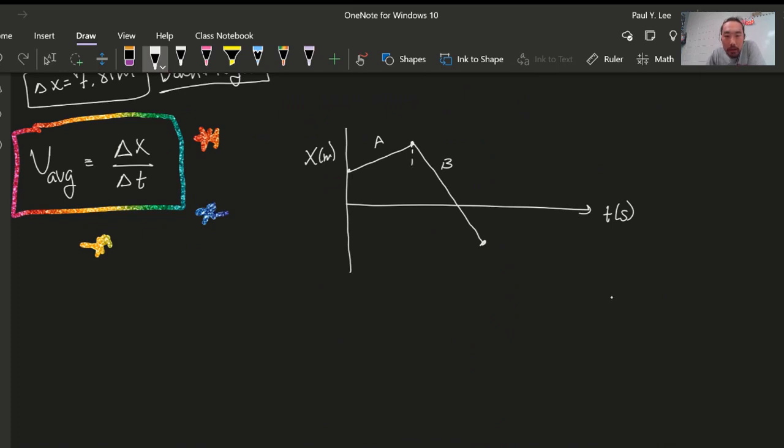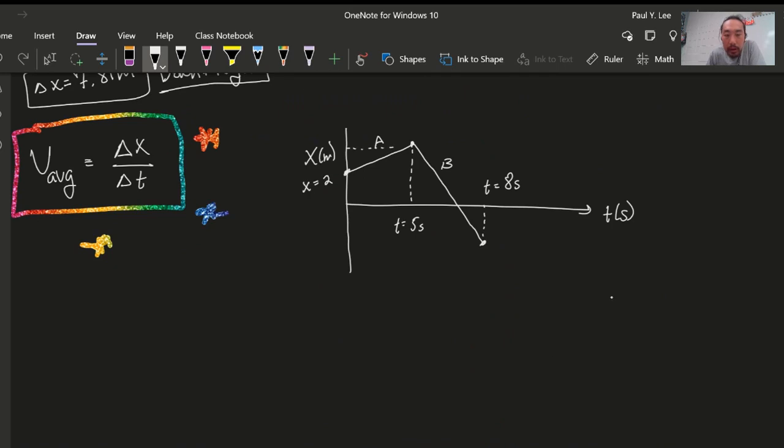All right, and let's just come up with numbers. Let's say this is at time, we'll make it simple for ourselves, 5 seconds. And this right here, this time, once again, we'll make simple for ourselves. We'll make it 8 seconds. Okay. This starting position here, we'll say that is 2.